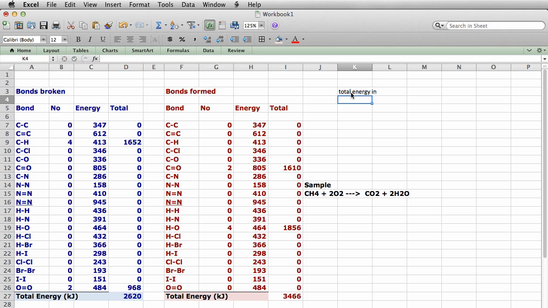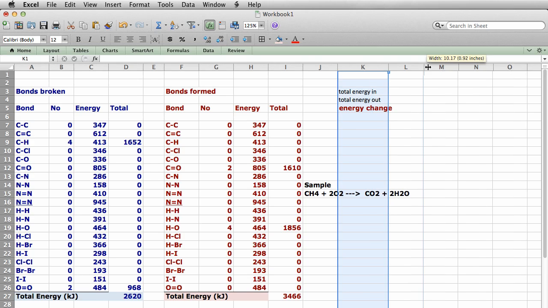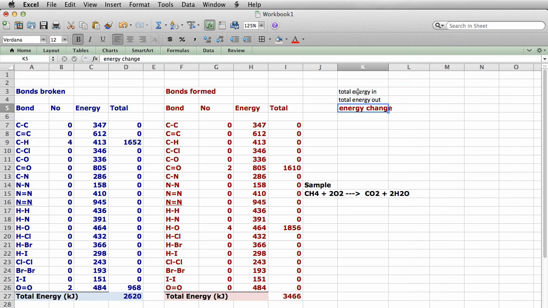and then versus total energy out, and finally versus the energy change. So adjusting the column widths over here, and making these things again consistent. I'll grab the formatting from this. This is my energy in.